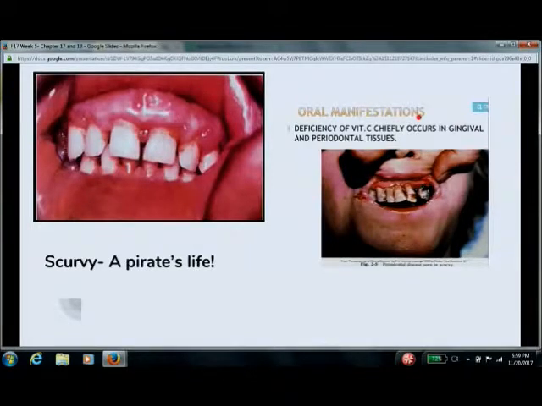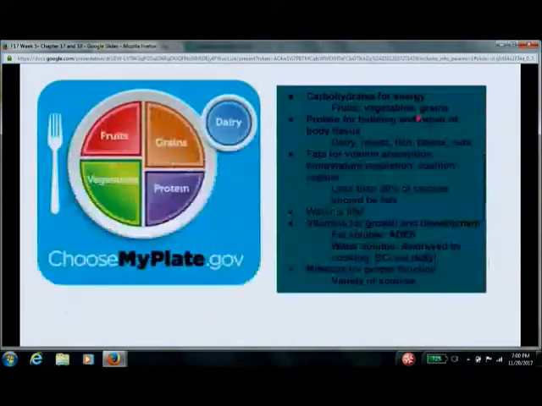It is one that has to be taken in. It is water soluble, so it has to be taken in on a daily basis. So that's why pirates had bad teeth. Isn't that a lovely little fact? Now you know. All right.